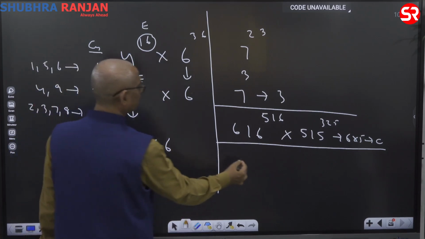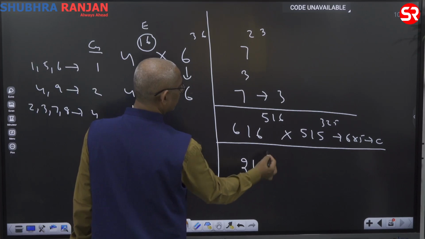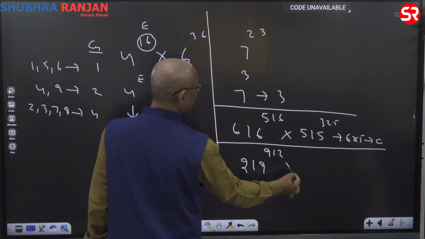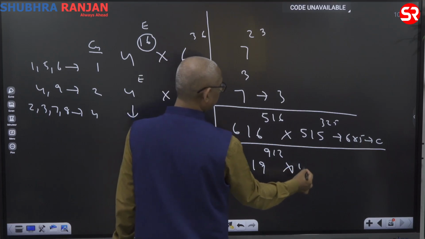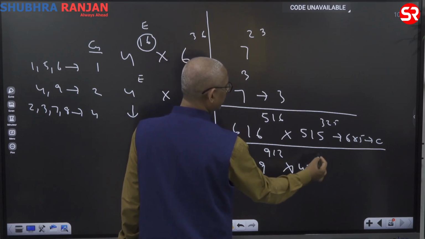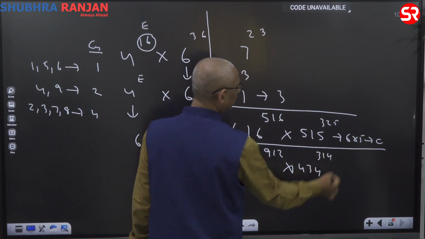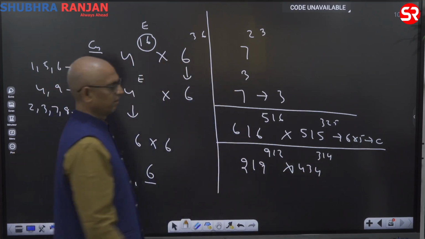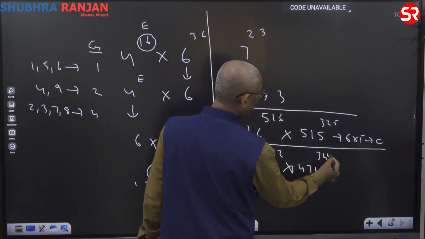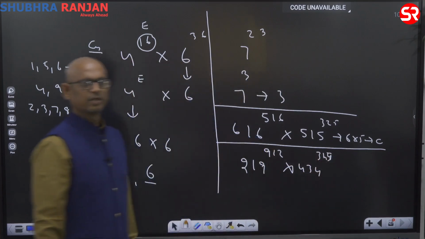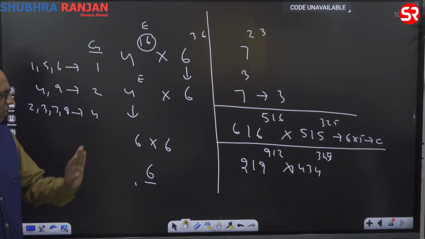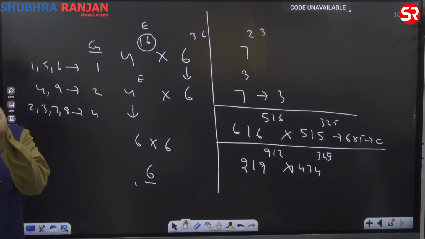219 to the power 912 into 434 to the power 314. Okay, see now, very simple. We need only the unit digits.